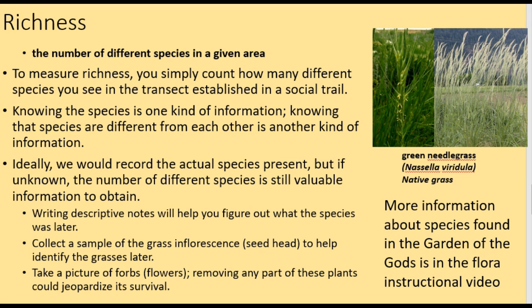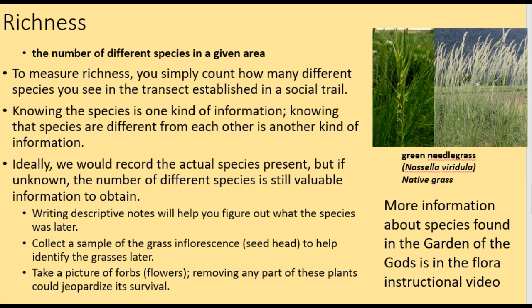Knowing the species is one kind of information. Knowing that species are different from each other is another kind of information. Ideally, we would record the actual species present, but if unknown, the number of different species is still valuable information to obtain. Writing descriptive notes will help you figure out what the species was later.